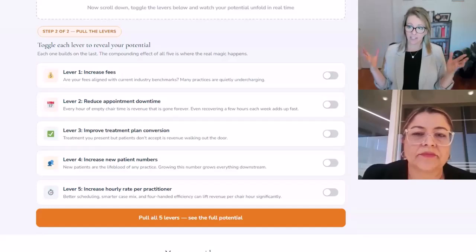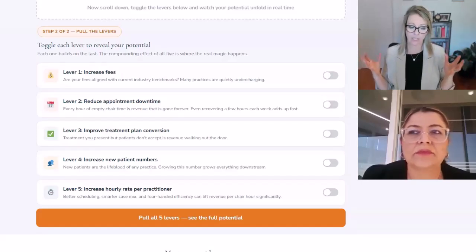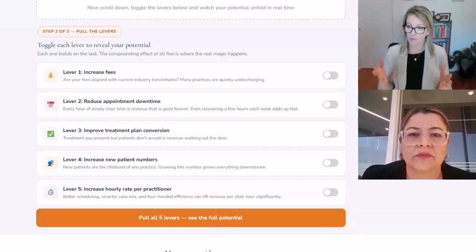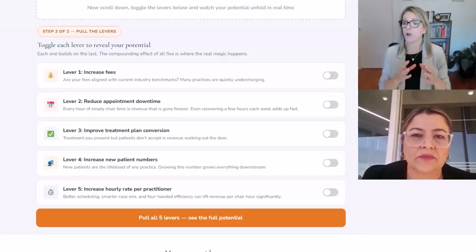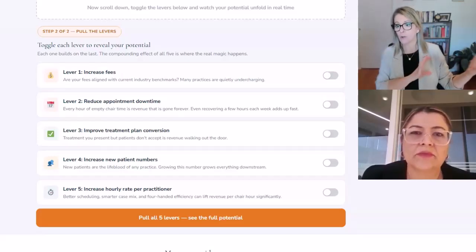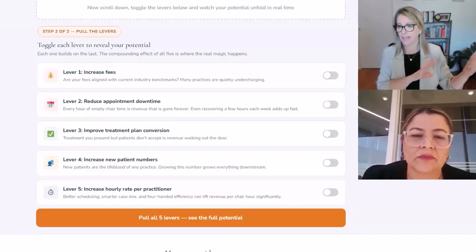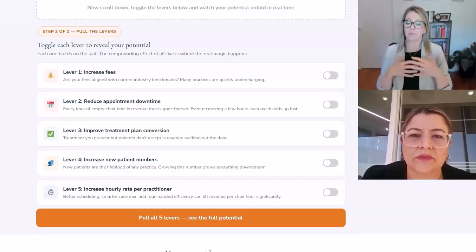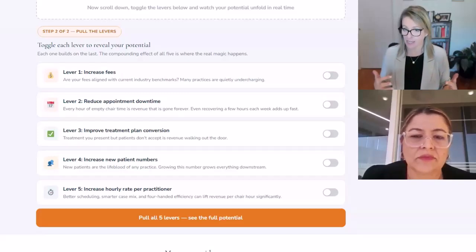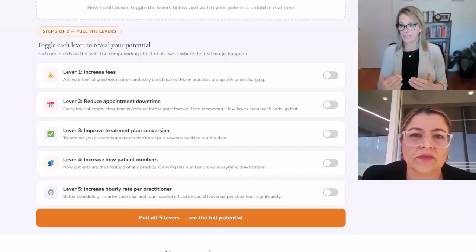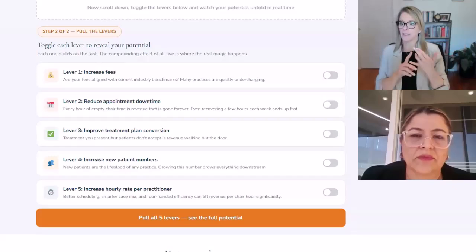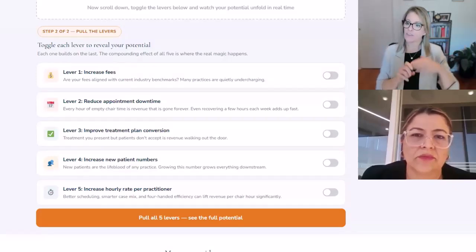It's just one of the data tools that you use to determine where to place your fees, because it does depend on more than what your competition is doing and what the ADA are indicating as the average. It depends on your unique practice, where you are, what your costs are, because running a dental practice in the early days costs more because you've got leases and equipment leases and all the things.